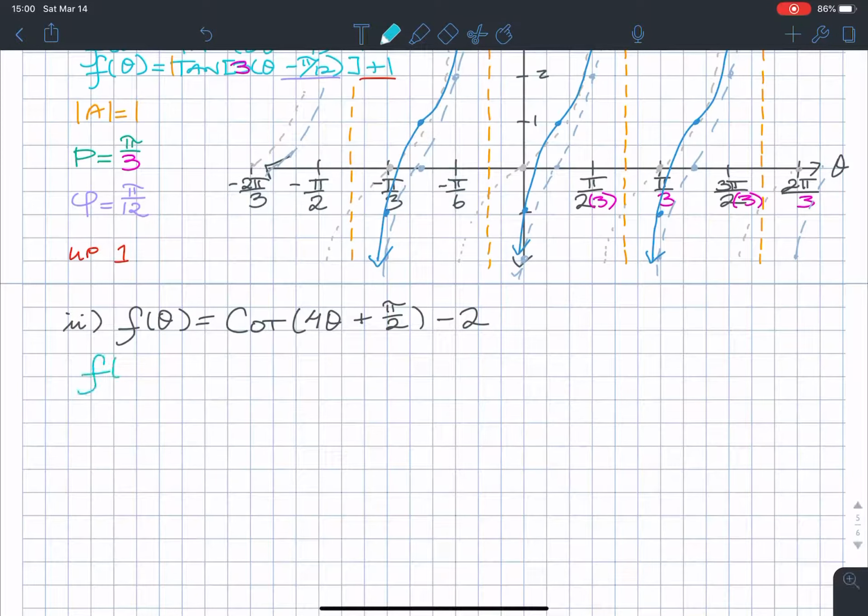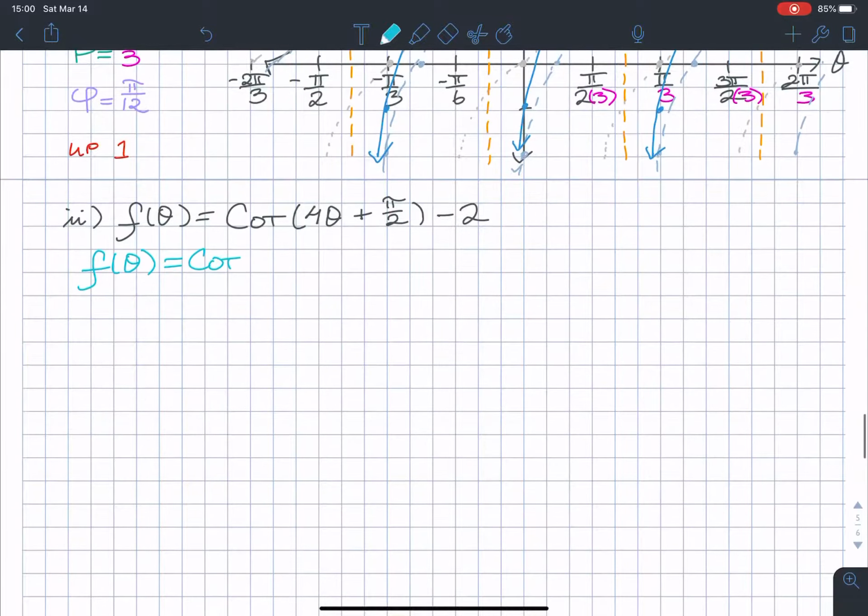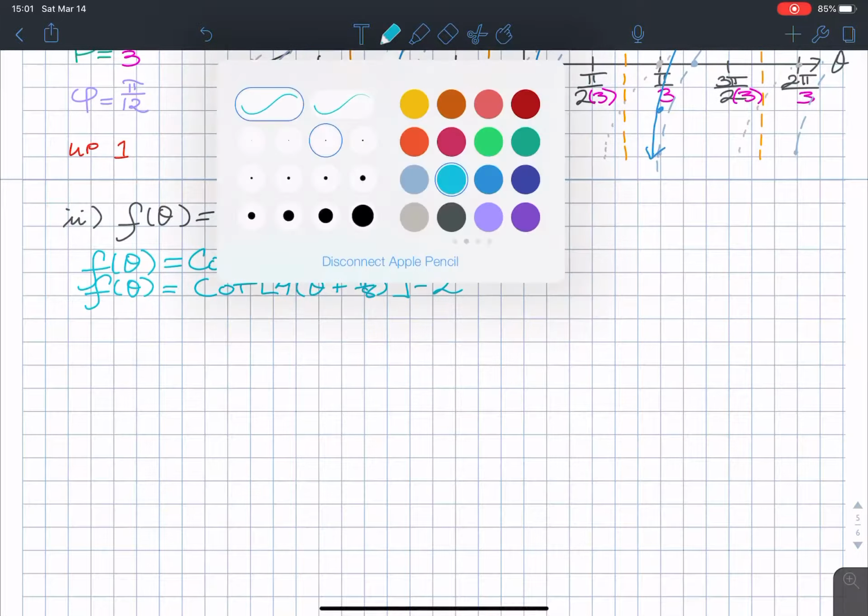Okay, so f of theta, which is cotangent of the quantity 4 theta plus pi over 2, from which I'm subtracting 2. Let's factor out the coefficient of theta. So this becomes cotangent of the quantity 4, open parentheses, theta plus pi over 8, from which I'm subtracting 2.